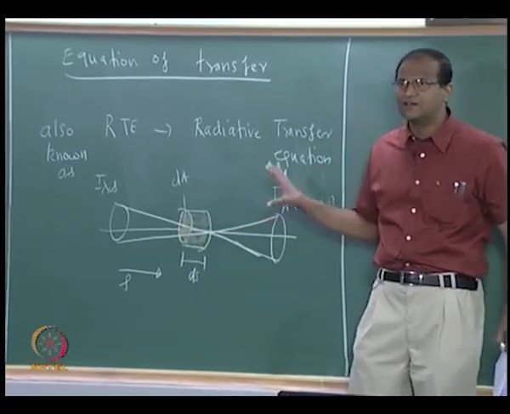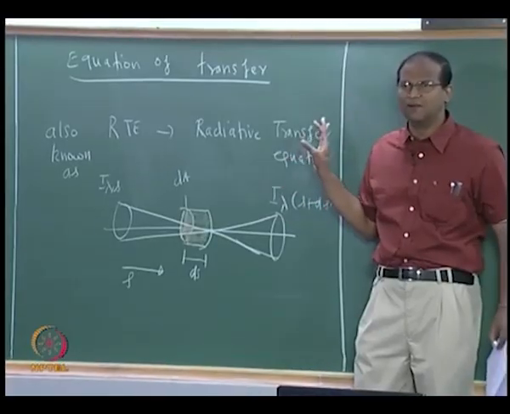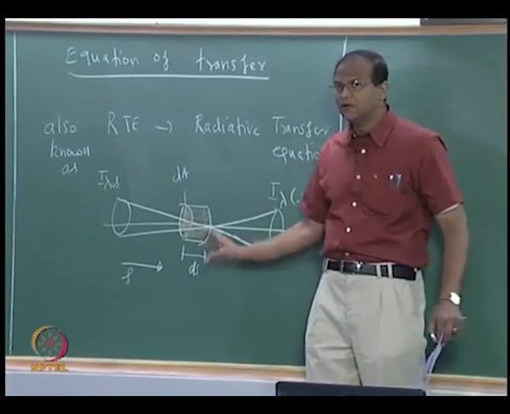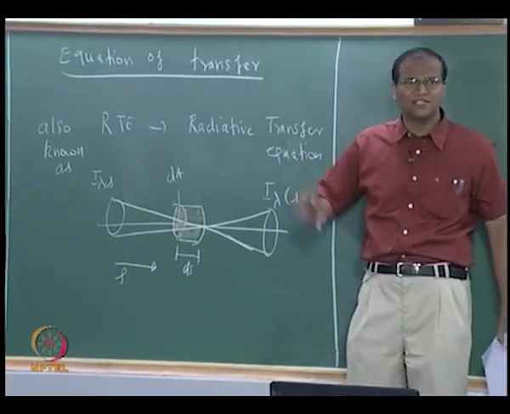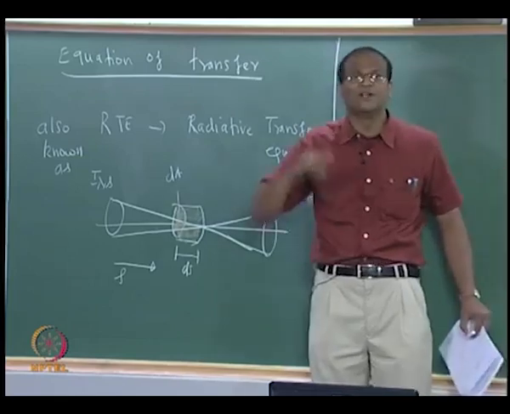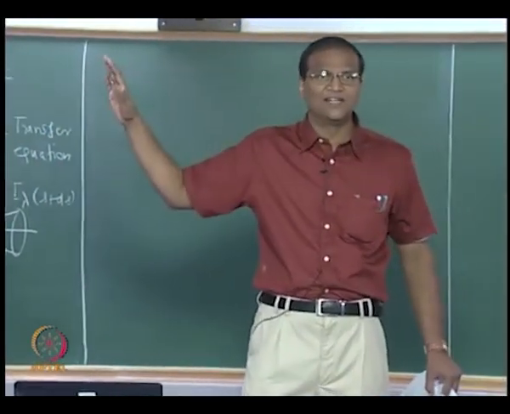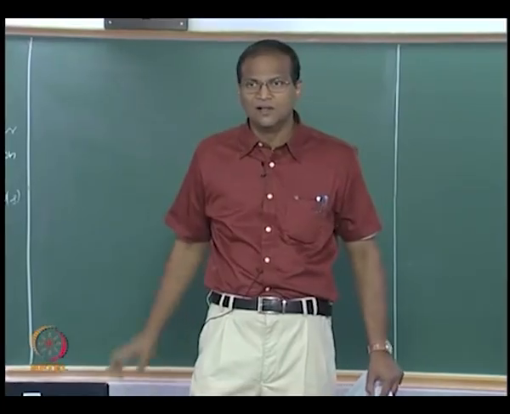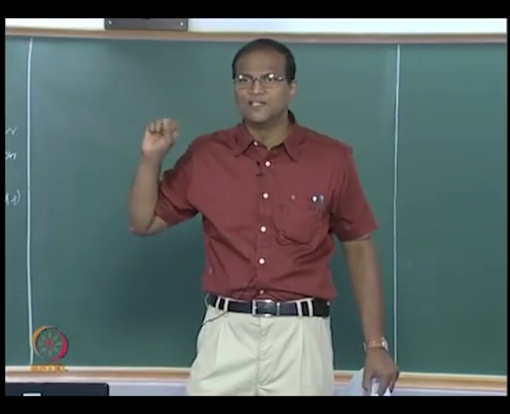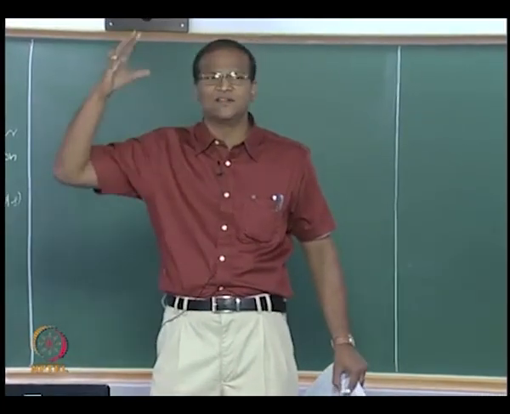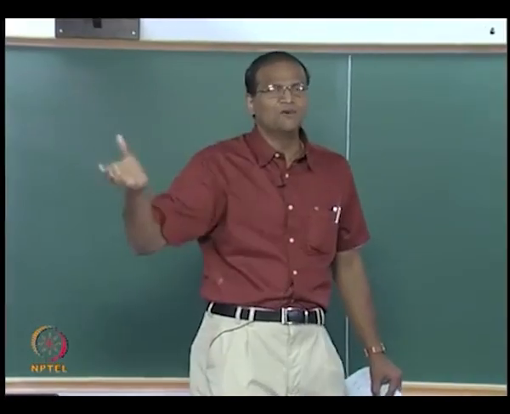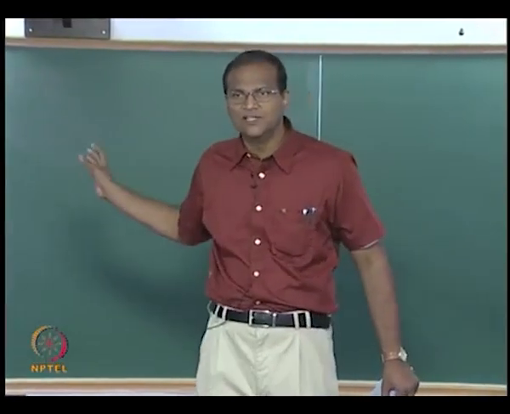That we can write using calculus, dI lambda by ds. Then we have to find out what factors make this rate of change of intensity not equal to 0. We are neglecting scattering. There could be only two things: absorption within the gas volume and re-emission from the gas volume. So the balance between emission and absorption will lead to this dI lambda.